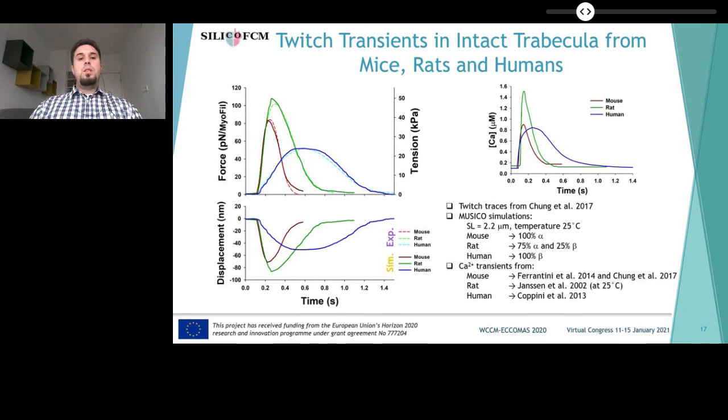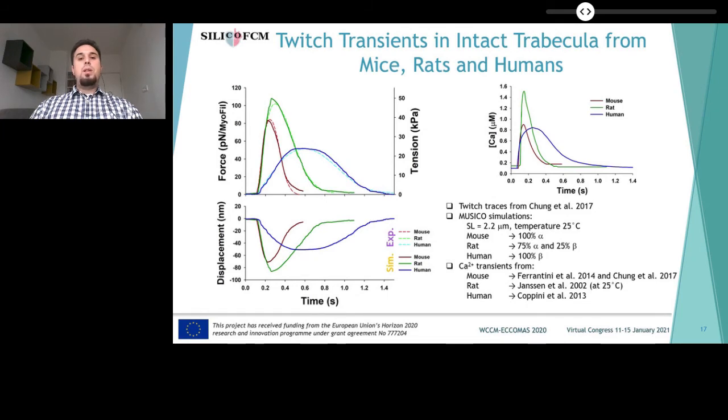Simulations were performed at 25 degrees Celsius and sarcomere length at 2.2 micrometers, as stated in Chang et al. We changed the percentage of myosin isoforms in species, approximating the experimental findings, thus having 100% alpha in mice, 100% beta in humans, and a combination of 75% alpha and 25% beta isoforms in rat simulations.